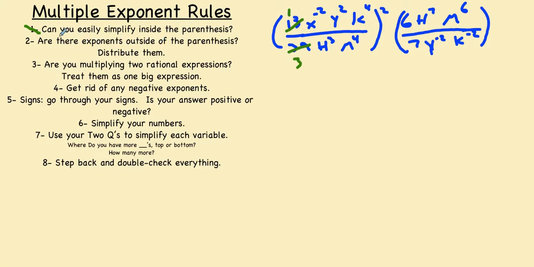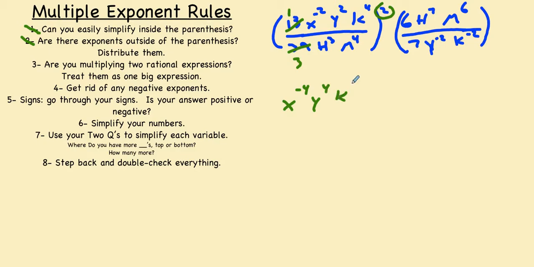Are there exponents outside the parentheses for rule number 2, or step number 2? And yes, I definitely have this thing. And I've got to get that 2 to everything inside these parentheses. That's going to be a bit of a job. I have my x to the negative 2. Negative 2 times 2 is negative 4. y to the 2 times a 2 is a 4.